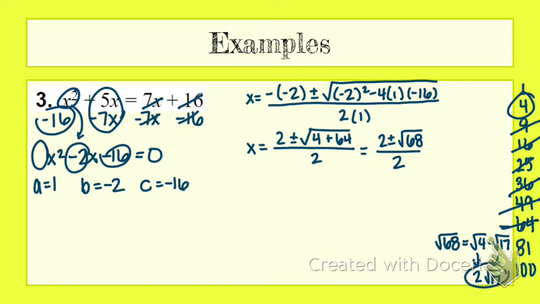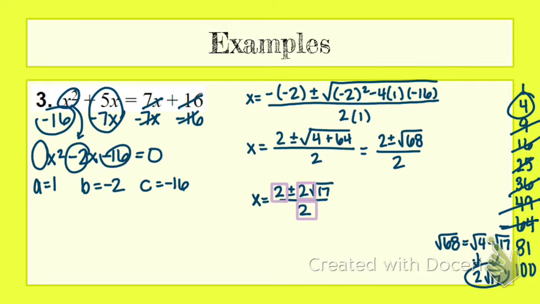So this is what we're going to substitute back into our answer before we simplify the rest of the way. So we have x equals 2 plus or minus 2 square root of 17 divided by 2. And again, we have to check all three of these. It can't just be a couple of them. All three numbers have to have a number they're divisible by, a greatest common factor. So these are all divisible by 2.